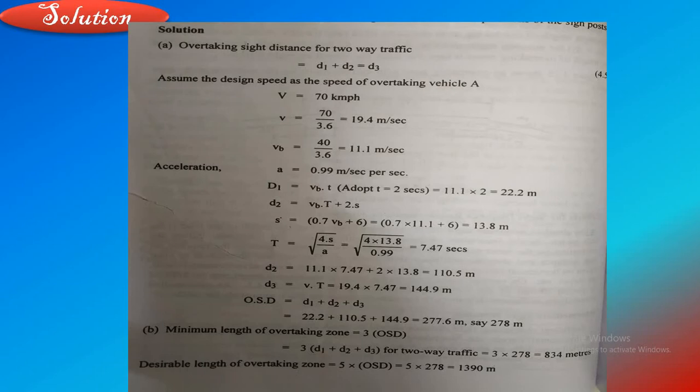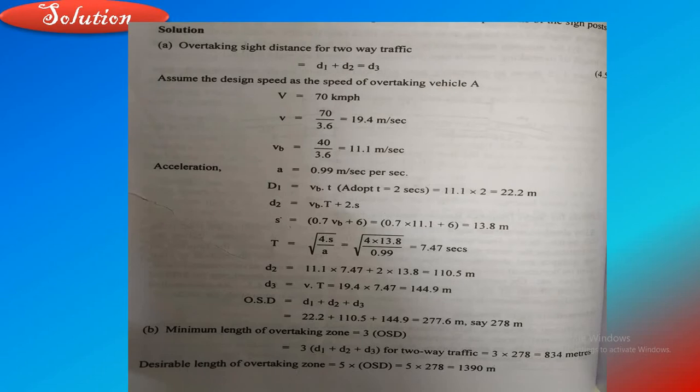So here, according to that formula, we will solve the problem. The first question is overtaking sight distance for two-way traffic. Now guys, the OSD formula is D1 plus D2 plus D3. According to that we need to calculate.